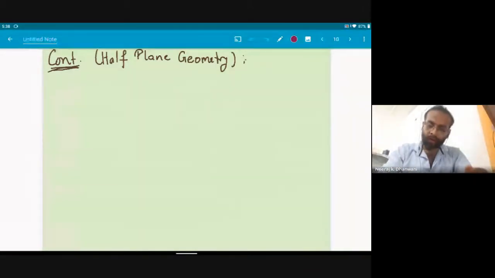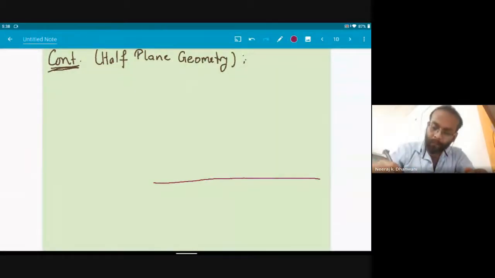What you need for the geometry is a space. Let me take half of R2. Half of R2 means I will take all those points (x, y) such that y is positive.